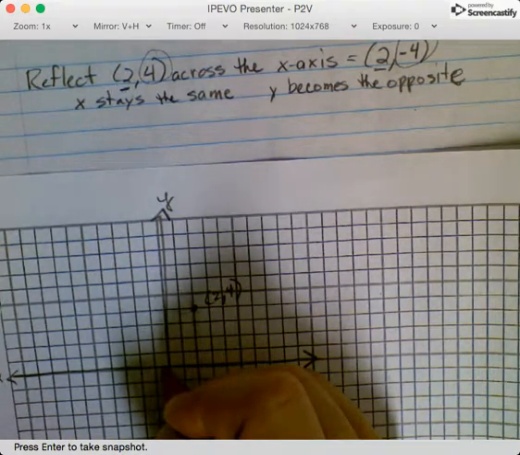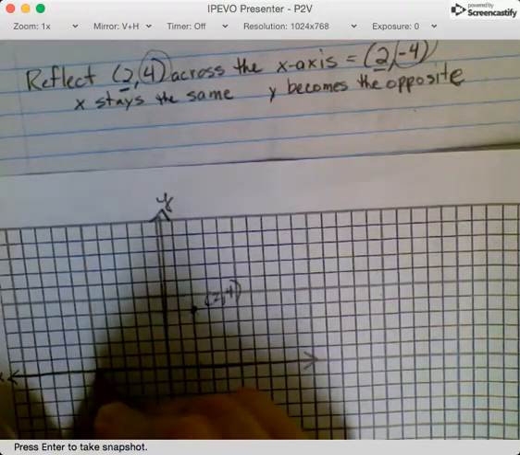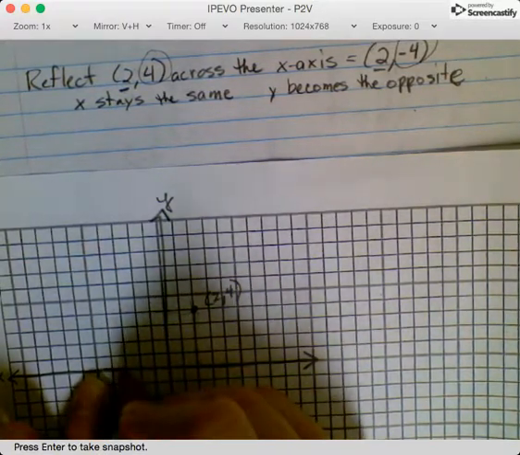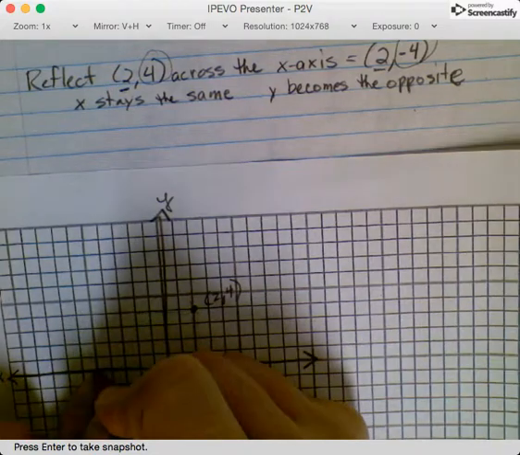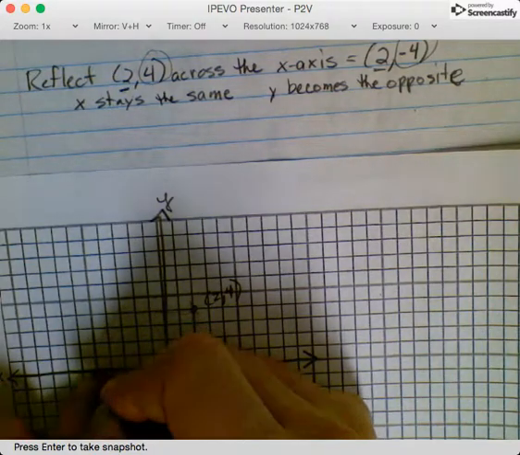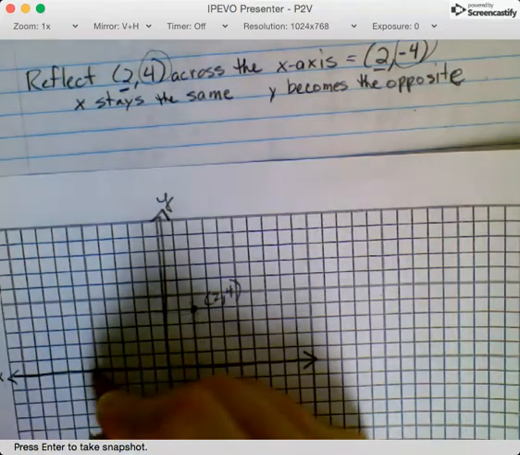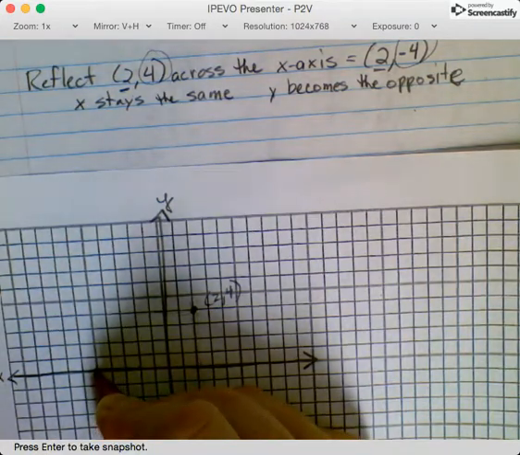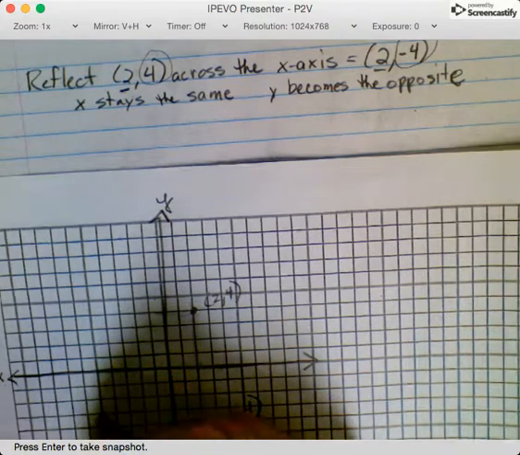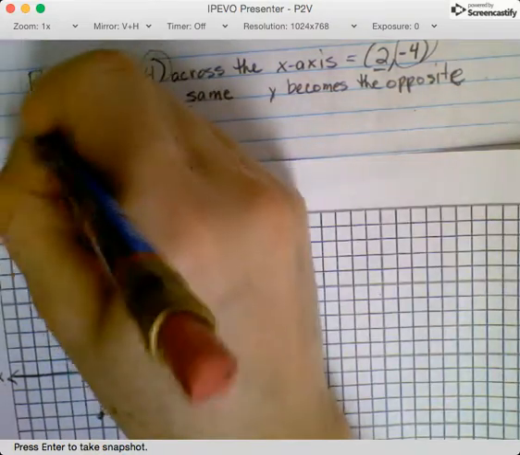Let's do negative 5. So 1, 2, 3, 4, 5, comma, let's do negative 3. So 1, 2, 3. Okay, so I'm going to write this down.